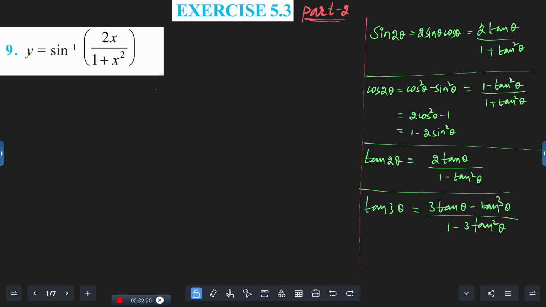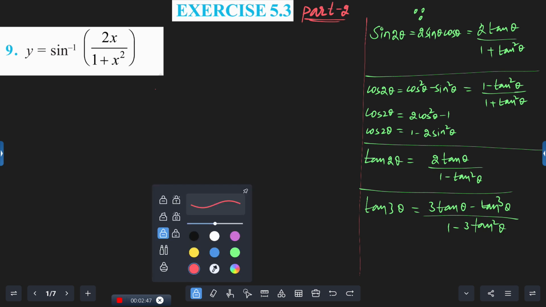Maximum we will be using these formulas. We also have a few more formulas, sin 3 theta and cos 3 theta, which we used in the second chapter. Apart from that, these formulas we will be using in this exercise. Now, these are the formulas, children.